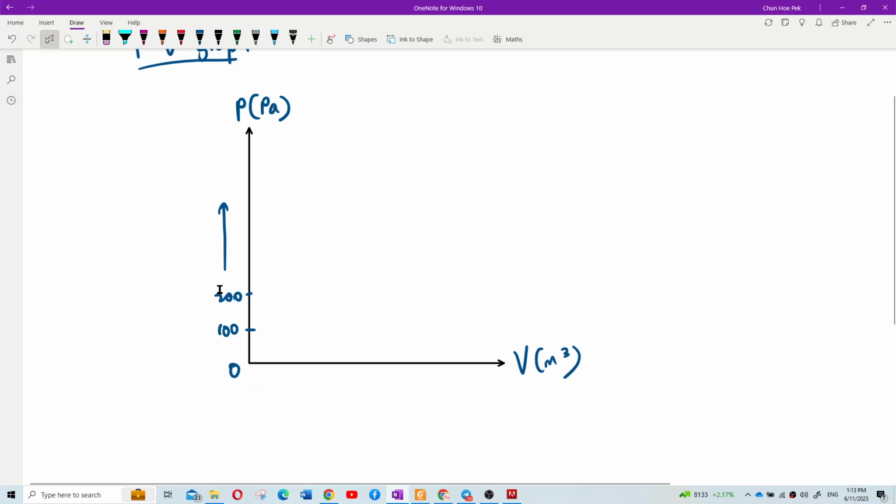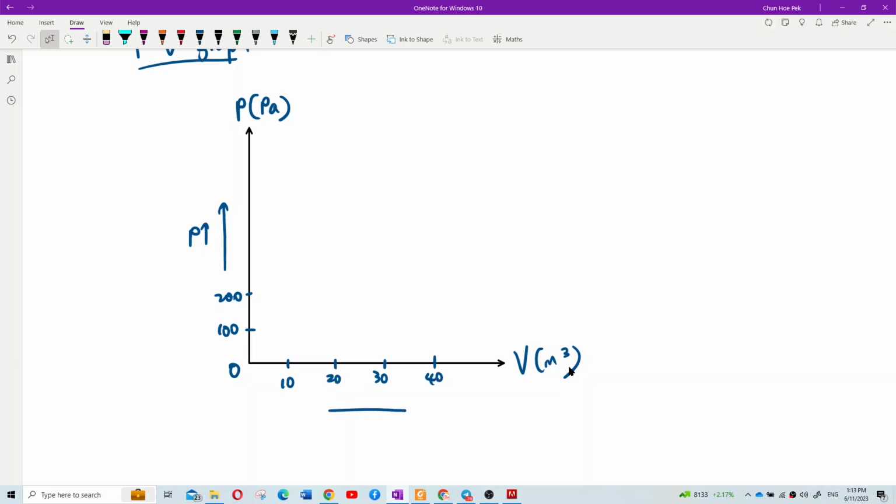So going up means pressure increases. And going to the right, maybe here is 10 meter cubed, 20, 30, 40 meter cubed. So going to the right means volume increases. Correct or not, class? Give me some response, class. You understand, class?